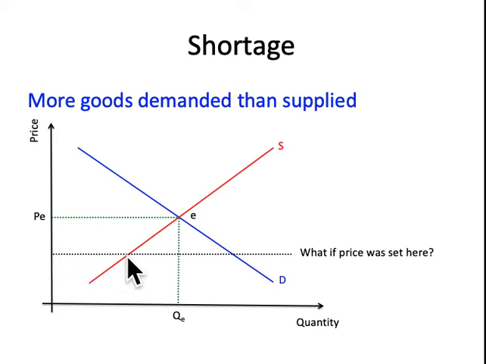And so if prices are low, suppliers are less willing to supply, so our quantity supplied will be low. And if prices are very low, our demanders want to buy more, so our quantity demanded is higher. And so then we have a quantity supplied and a quantity demanded, as depicted by QS and QD, and therefore we will have a shortage because there's more quantity demanded, more people want to buy than suppliers are willing to sell.